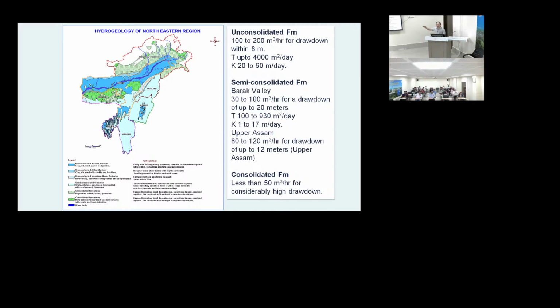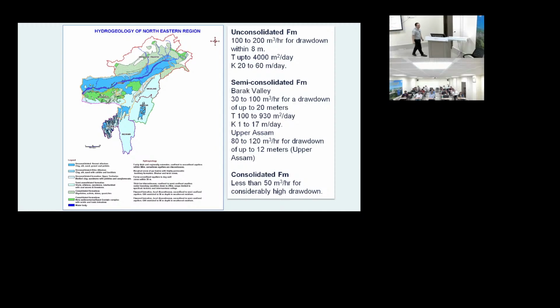In the northeastern states, we can see unconsolidated formation especially in the Brahmaputra Valley and in some parts of Tripura, and the Manipur Valley, especially the Imphal Valley. Those are comprised of unconsolidated formation. And semi-consolidated formation, especially the tertiary formation like shale and sandstone, we can see in some parts of Meghalaya, and then Assam also, and in Nagaland also.